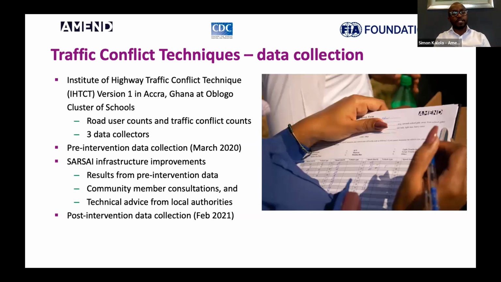And once we finished the infrastructure improvements around March, we were waiting, as Jennifer said, for a few months before we went back to collect the post-implementation data. But of course, because of the pandemic, we had to wait a little bit longer to go back and collect the data. And this somehow, as you'll see in the next slides, affected our overall data collection process as we had initially intended.